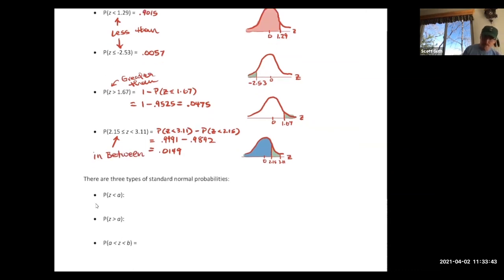Those are the three scenarios. So for the probability that Z is less than A, you just look up Z equals A, the endpoint, on table A1, and give the associated area.